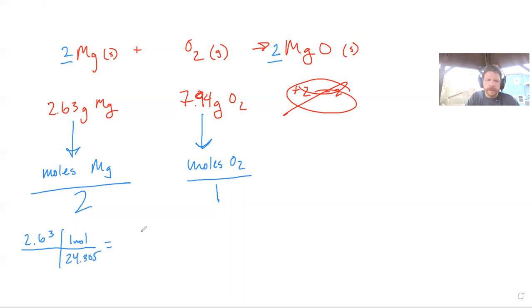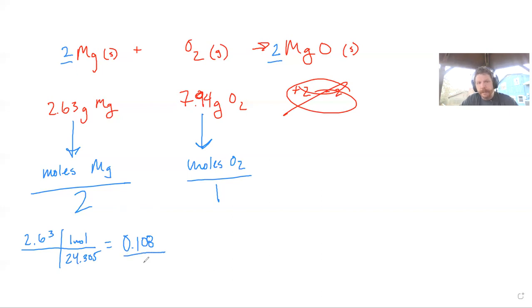So I'm going to punch that into my calculator, and I see that 2.63 divided by 24.305 is going to be 0.108. Okay, so that value I don't really need to worry about, that is my number of moles.